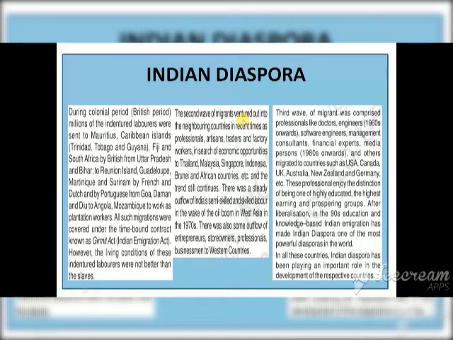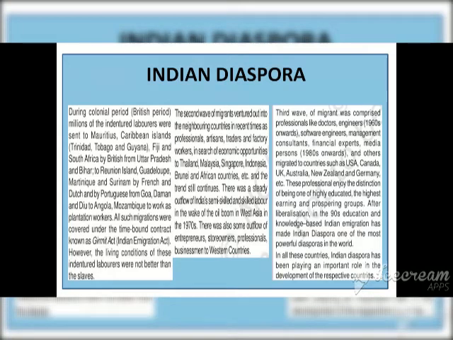Then the second wave of migration was to the neighboring countries, and it is a very recent phenomenon. Professionals, artisans, traders, and factory workers went in search of better economic opportunities to places like Thailand, Malaysia, Singapore, Indonesia, Brunei, and African countries. This trend still continues.